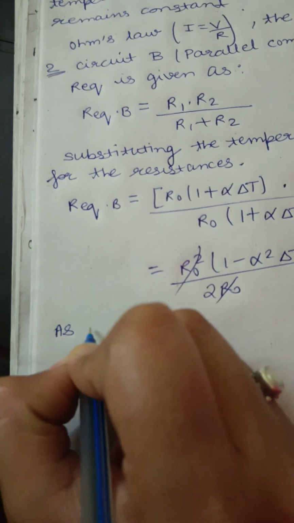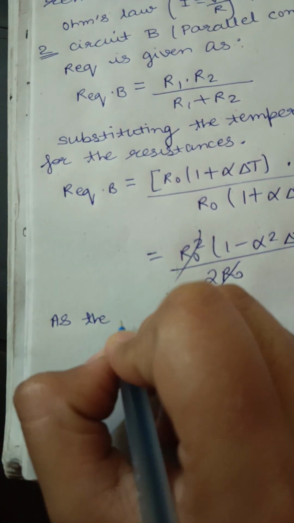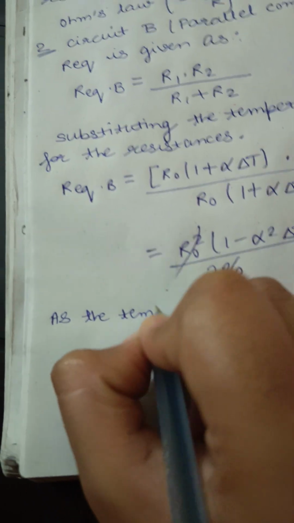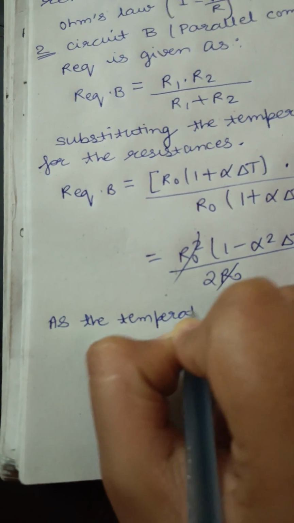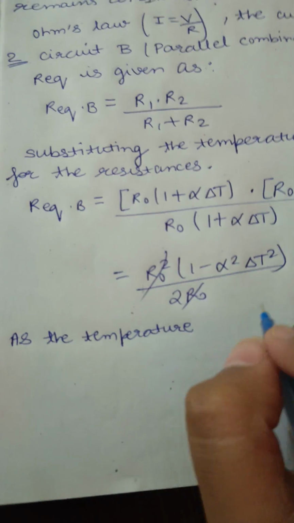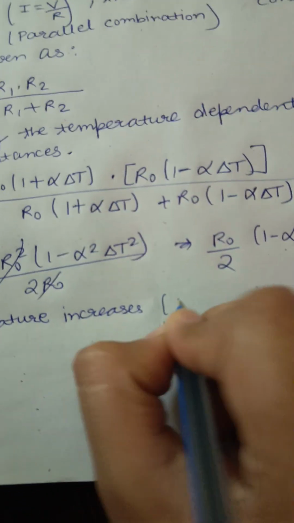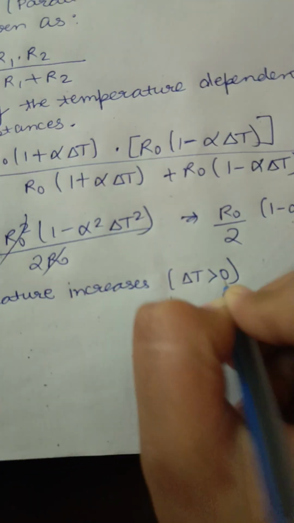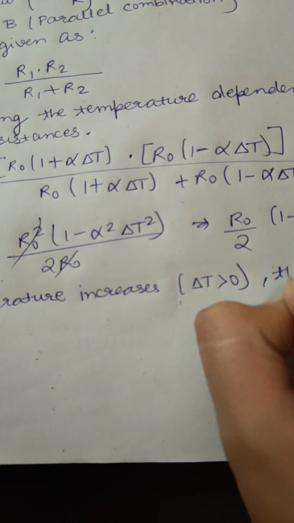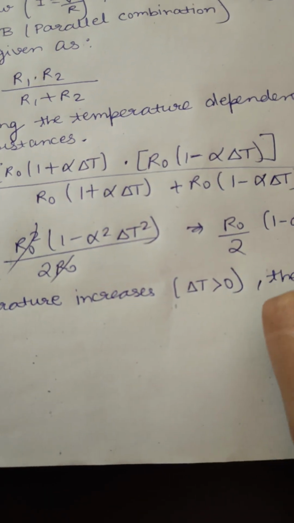As the temperature increases, delta T is greater than 0, as given in the question.